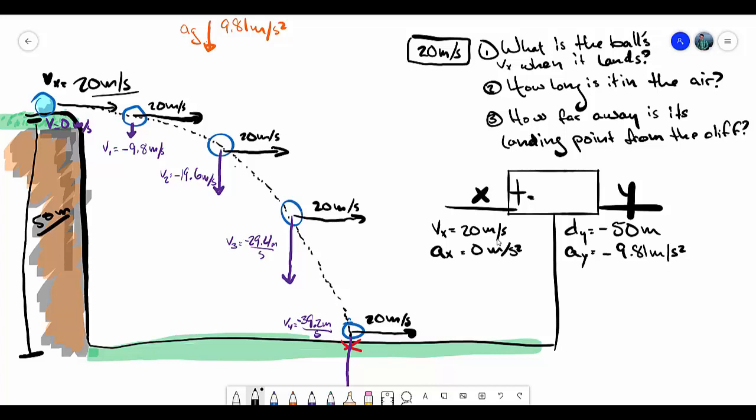And normally we call up positive. So let's just have a policy where we call down negative. We know more. That initial velocity coming off the ledge, that initial velocity y, is going to be 0 meters per second.